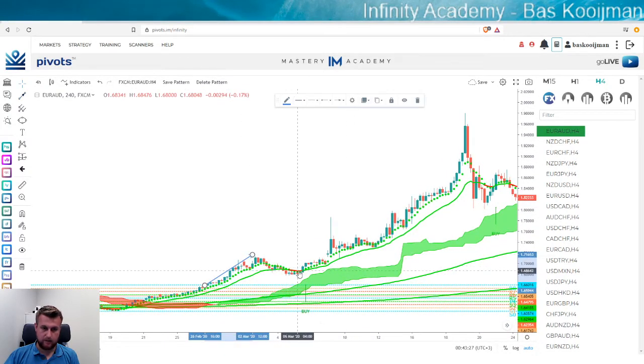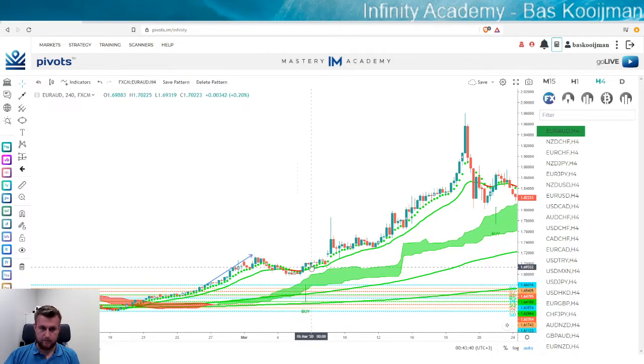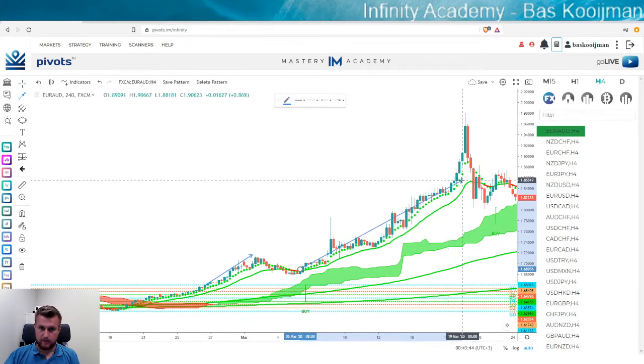Then here we have that little pullback over a couple of days, and when it starts to grow again, this is when you see the prices above the cloud. So the chance that you catch that buy arrow is very big, and here we have a beautiful buy that you can stay in all the way, even here to the top.